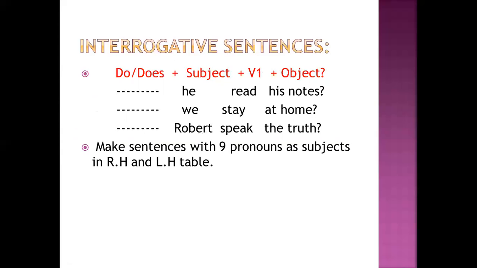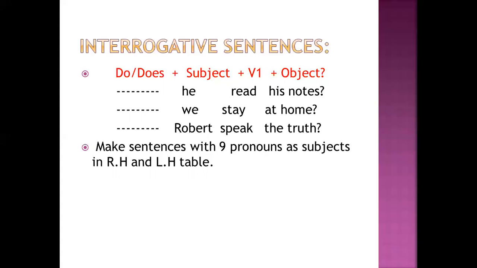And now you already can see that you should make sentences with the 9 pronouns as subjects in the right-hand and left-hand table. Total, there are 5 in the right hand and 4 in the left hand. So in totality, they become 9. So now you are going to make 9 sentences using these subjects. And by the way, are they going to be 9 sentences only?